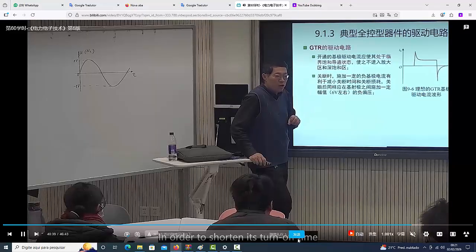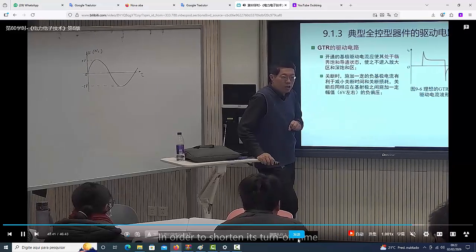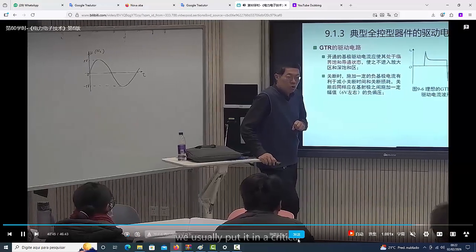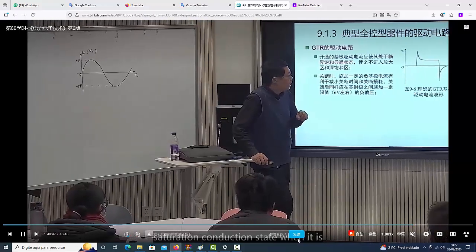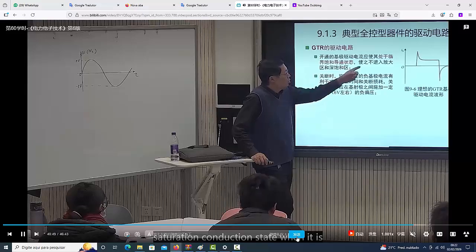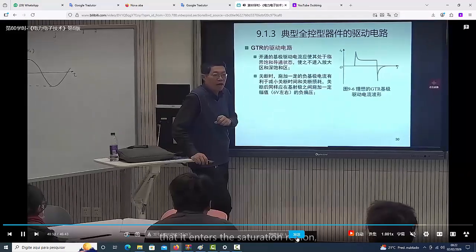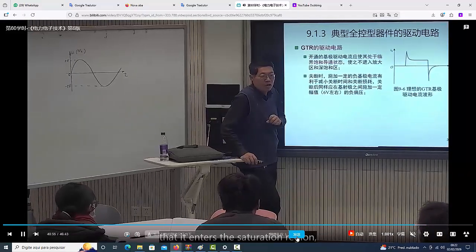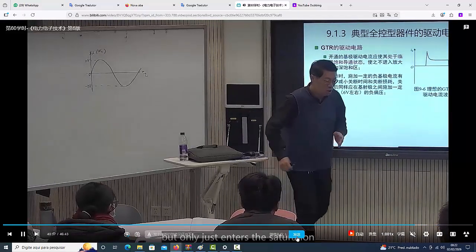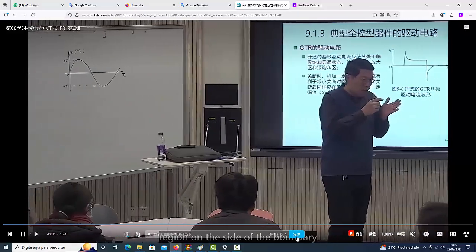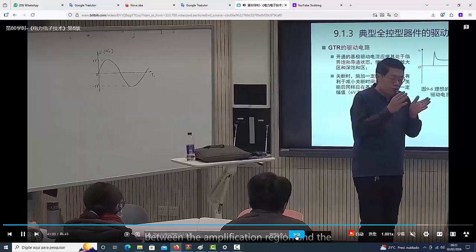In order to shorten its turn-off time and speed up its response, we usually put it in a critical saturation conduction state when it is turned on. Critical saturation conduction means that it enters the saturation region, but only just enters the saturation region, on the side of the boundary between the amplification region and the saturation region.